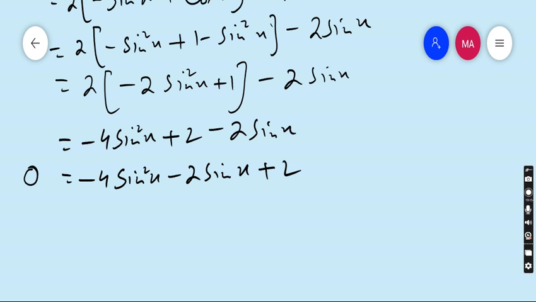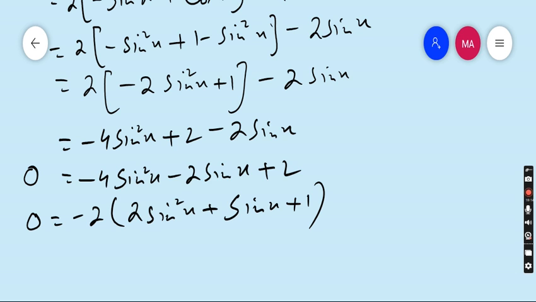Taking minus 2 common from the whole expression, so 2 sin square x plus sin x plus 1. Sorry, not plus 1, minus 1, because I took minus 2 common. This minus 2 must be divided by 0.